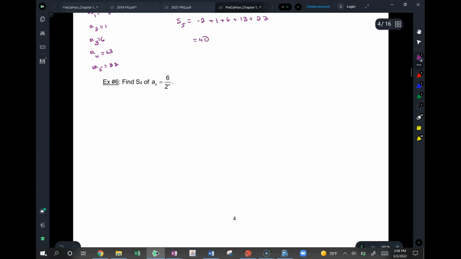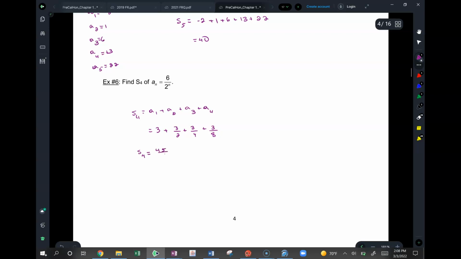So here we want S sub 4. That's A1 plus A2 plus A3 plus A4. A1 is 3, then 3 over 2, then 3 over 4, then 3 over 8.